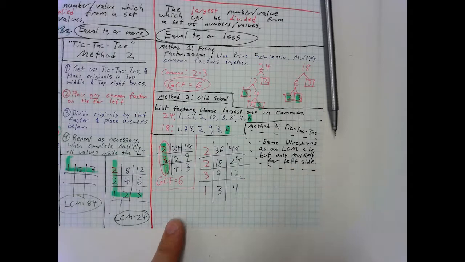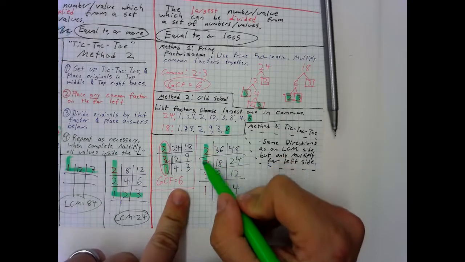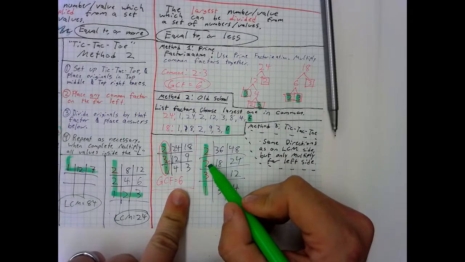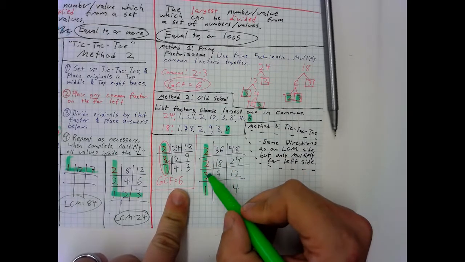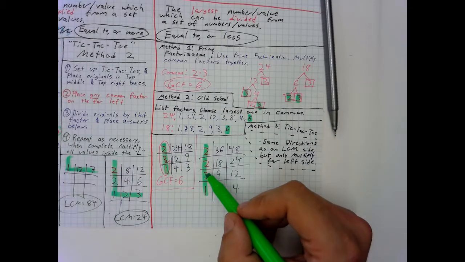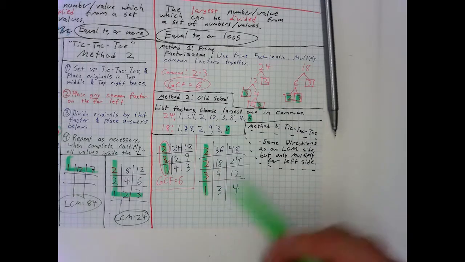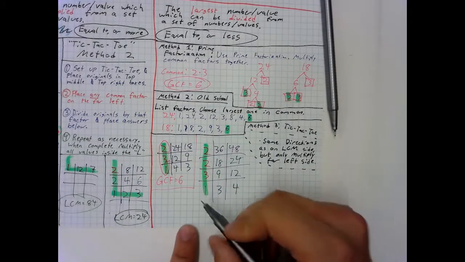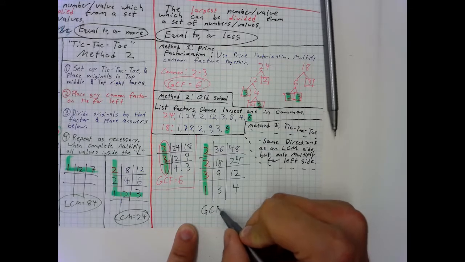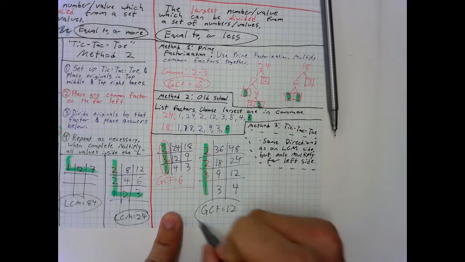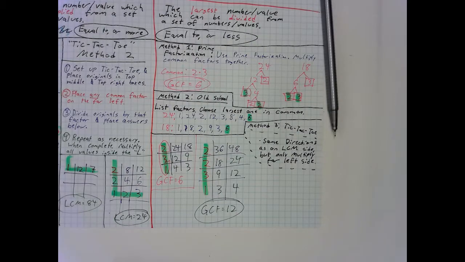Once I have that 1 there, I know that I'm finished. I can now multiply 2 times 2 to give me 4 times 3, which gives me 12, and times 1, which keeps it at 12. And that's it.